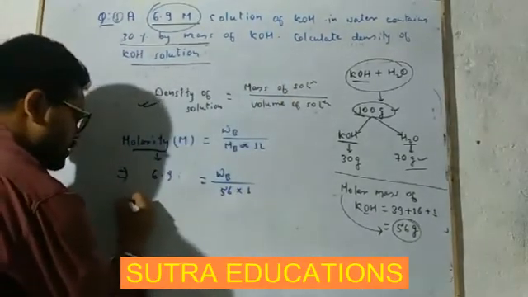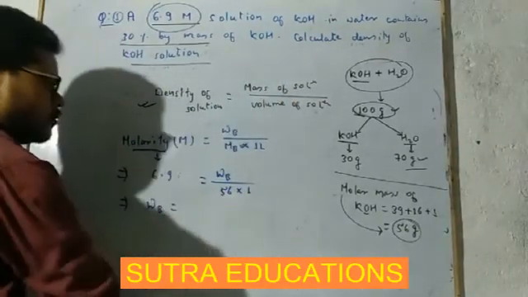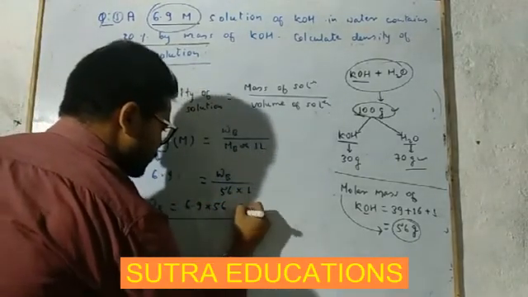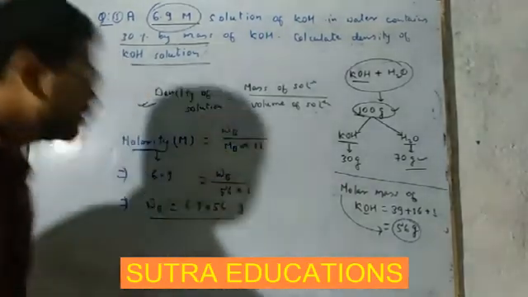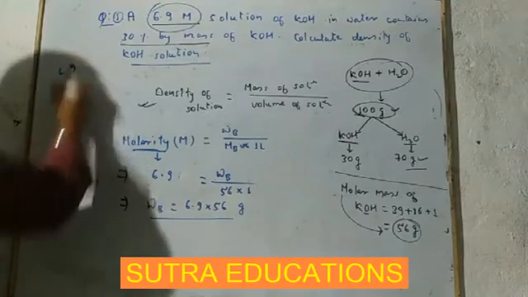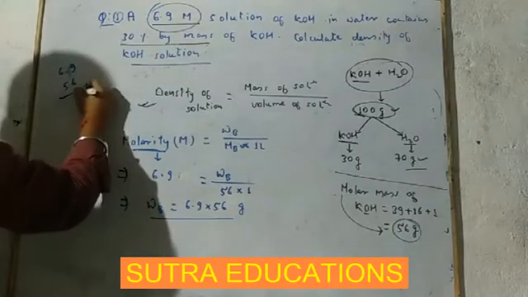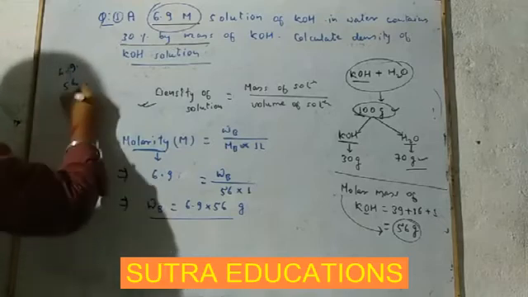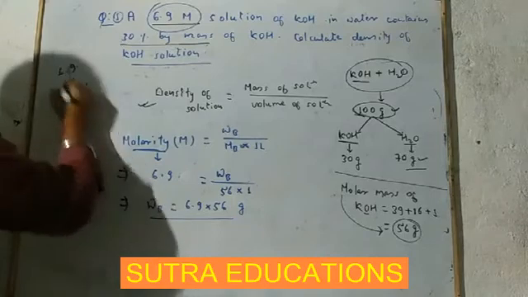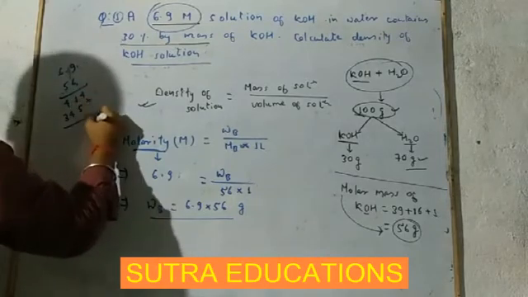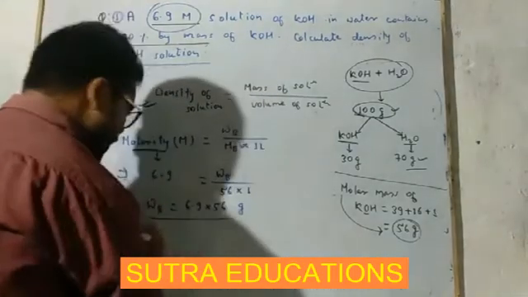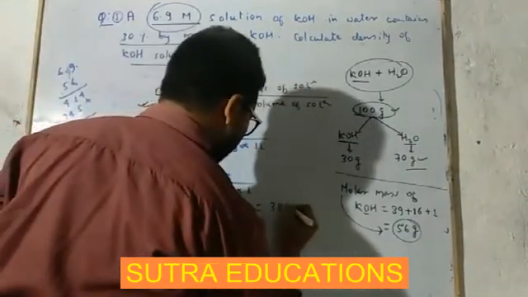So WB is equal to 6.9 into 56 gram. Multiplying 6.9 into 56 gives 3864, so WB is 3864 gram.